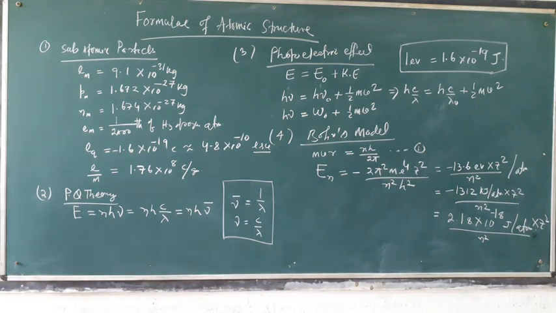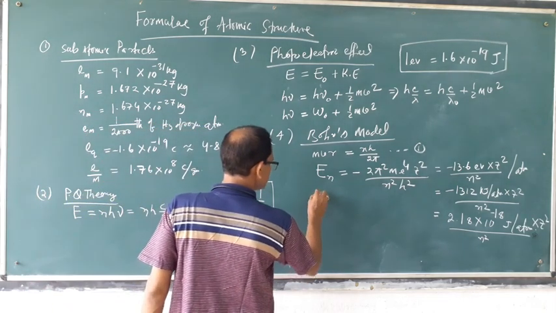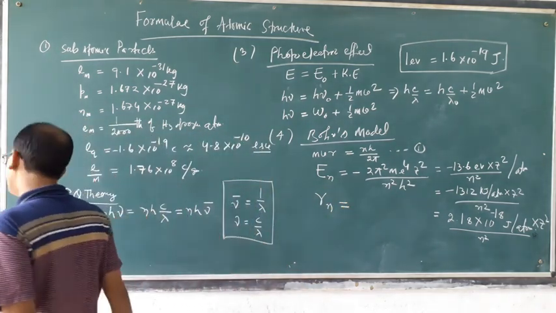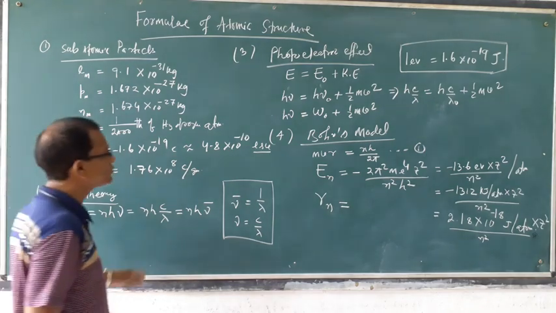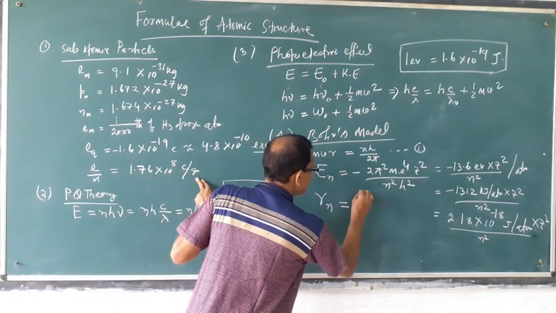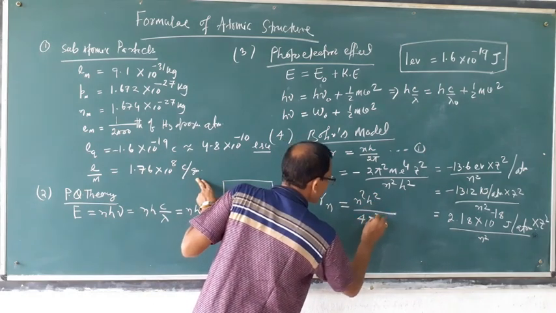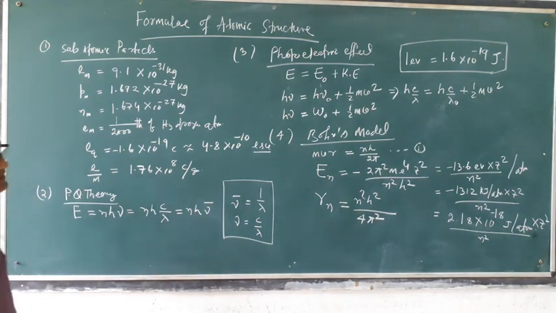Then we know the radius of orbit Rn. For any orbit, what will the radius be? Rn is equal to n square h square by 4 pi square m Z e square.